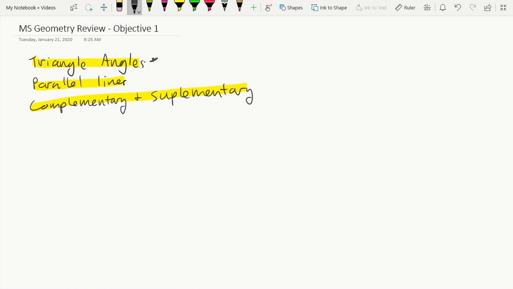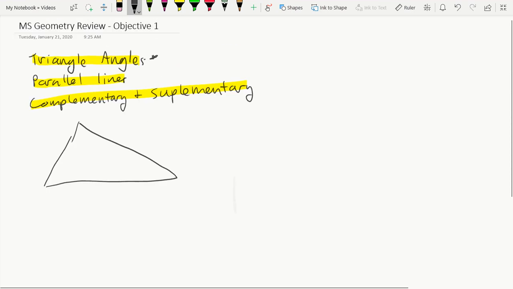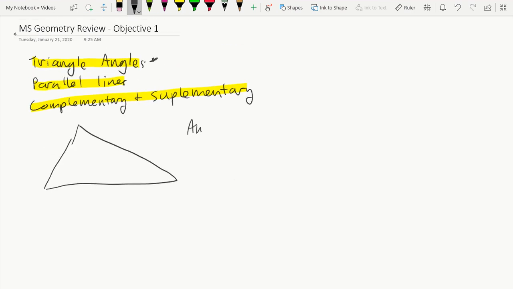So let's talk about that. Well, I know that in any triangle, one thing I know is that the angles add to 180 degrees. So let's think about what that might look like. So let's say that I've got an angle of 60 degrees here, and then I've got an angle of, let's say, 75 degrees here.